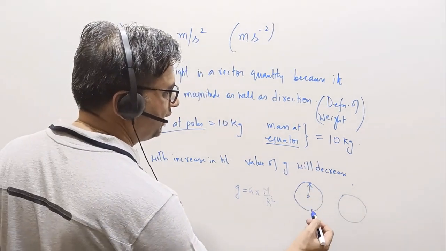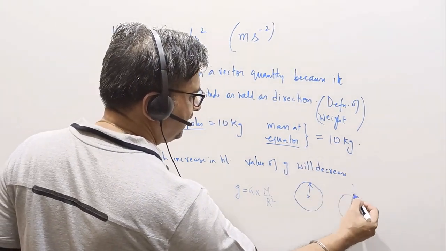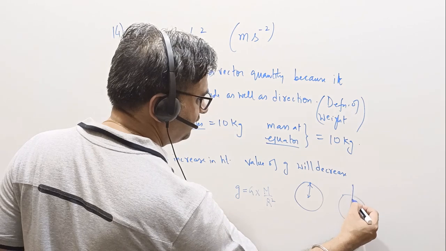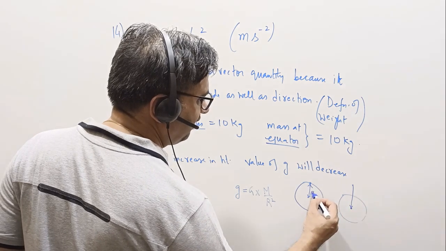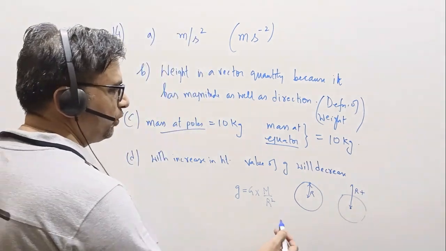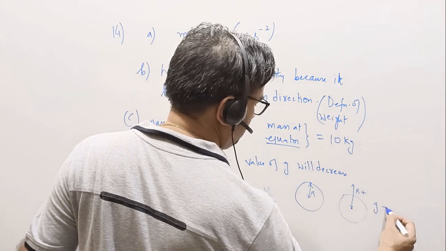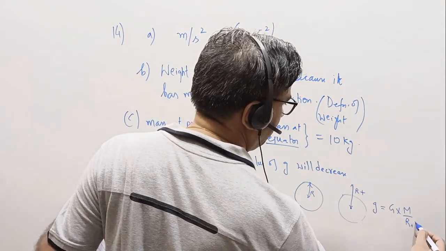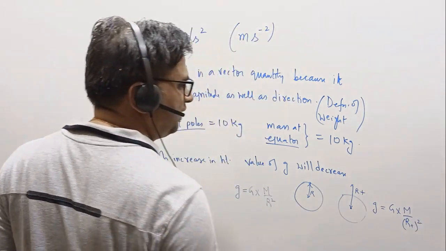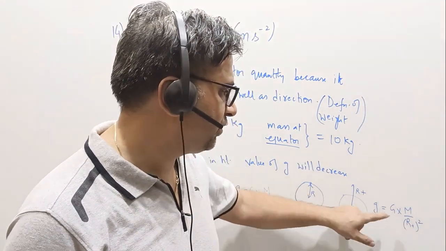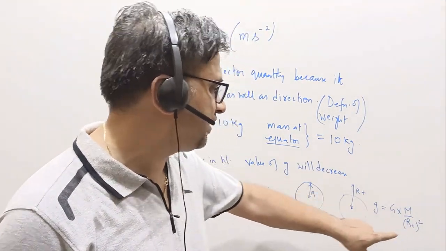This is scenario 1. When we are at a certain height h, you can see that the distance of this point from the center of the earth, if this is r, then this is r plus h. So in this case, g will be G into M by (R plus h) square. Doesn't matter how much the value is, the distance between the object and the center of the earth is definitely more than r.